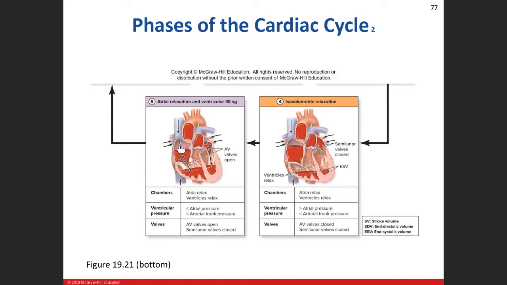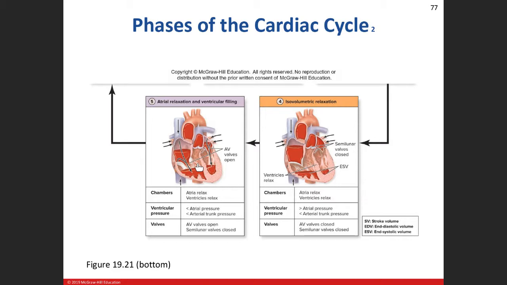The blood that was building up in the atria starts to pour into the ventricles, and that's the passive filling. Semilunar valves are still closed because the pressure in the ventricles is less than the pressure in the arterial circulation. But the AV valve is open because our pressure is greater on this side. We start to fill up for the passive filling, and then we repeat the cycle.